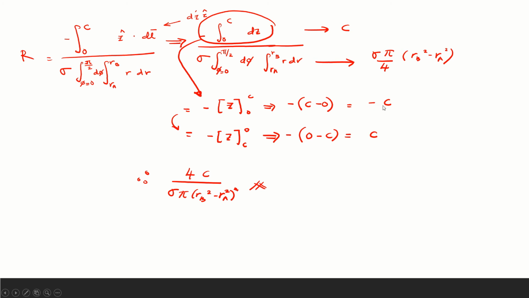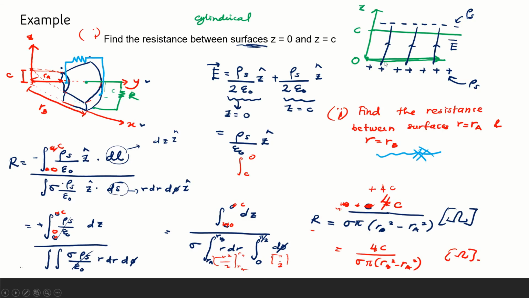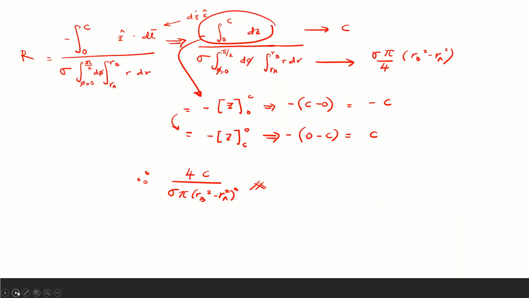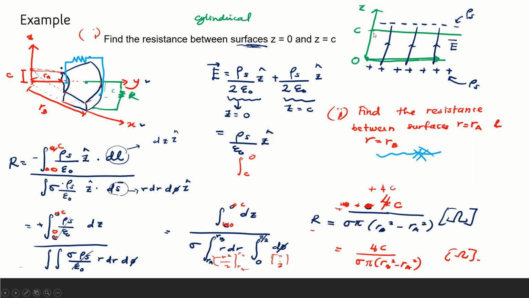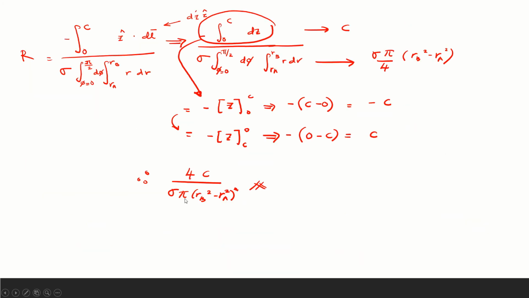However, if you take the limit in the opposite direction to the electric field, from c to 0, it will give you a positive value.